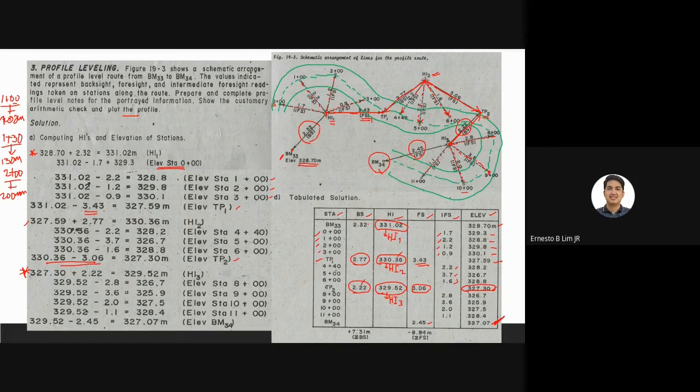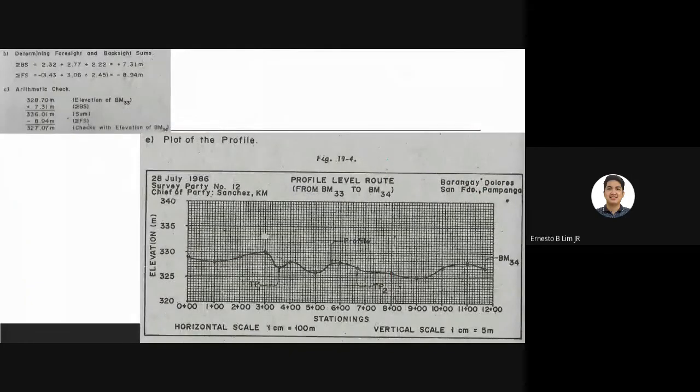Okay, so our task now, after tabulating all of the elevations, the backsides, the foresights, the IFS, and the height of the instrument, is to plot the elevation and the stationing. But before plotting, we must at least have an arithmetic check.